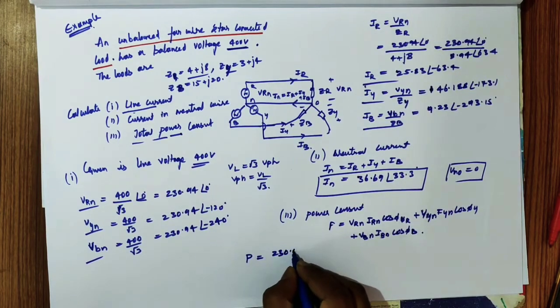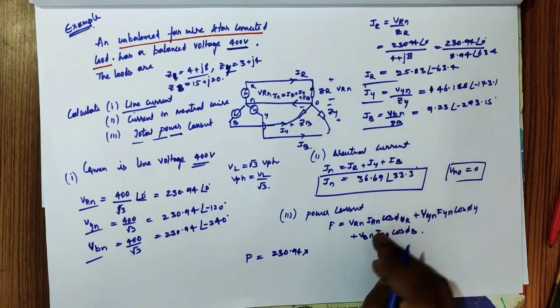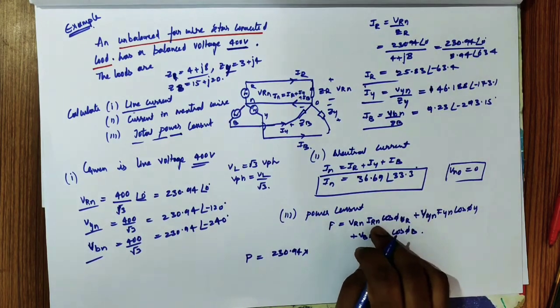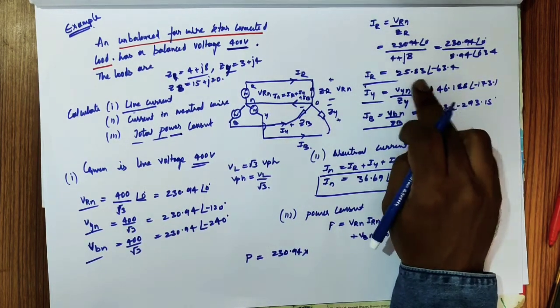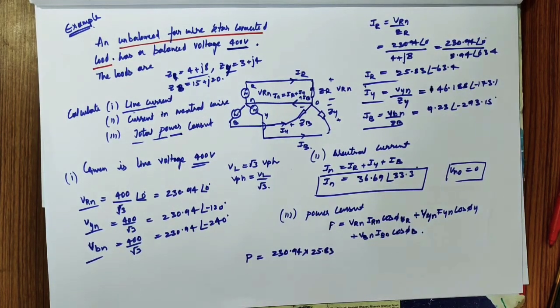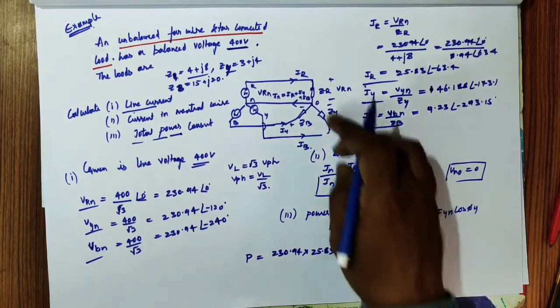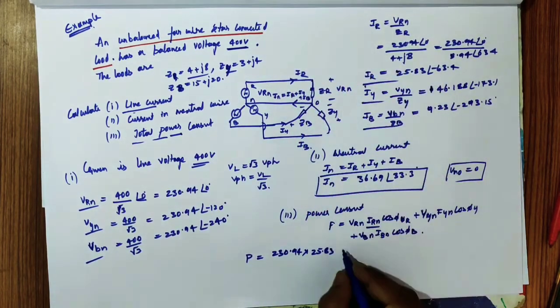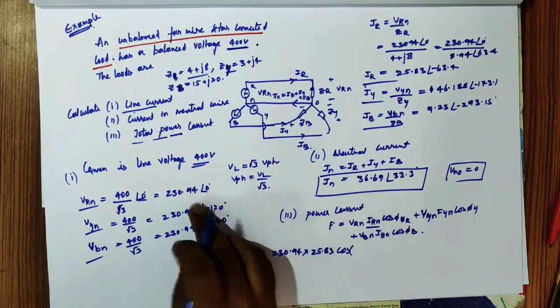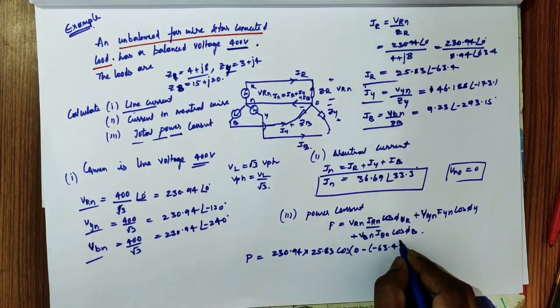Okay, substituting that, VRN is 230.94 at an angle of 0, into IRN, which is 25.83. In a star connection the line current is equal to the phase current, that's why I take IRN. So cos of 0 minus of minus 63.4.